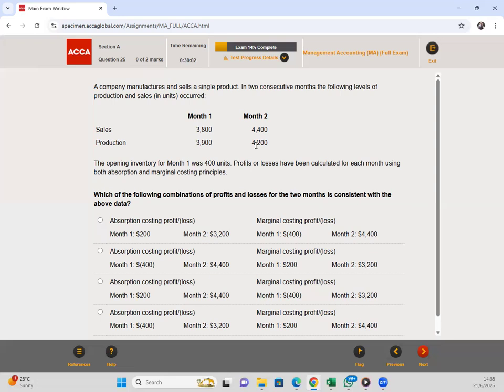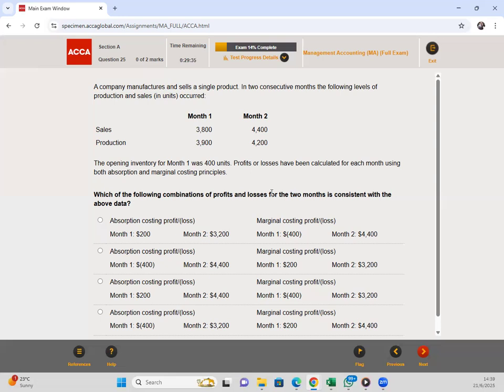Because we started with 500, and we produced 420 and we sold 440. It can't remain 500. We started with 500, produced 420, it becomes 920, you sell 440. How many do you remain with? 300. So the closing stock is less than the opening.